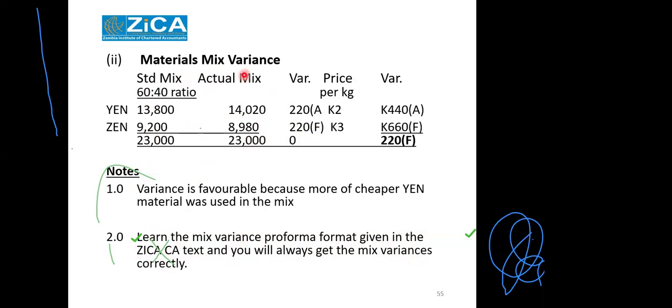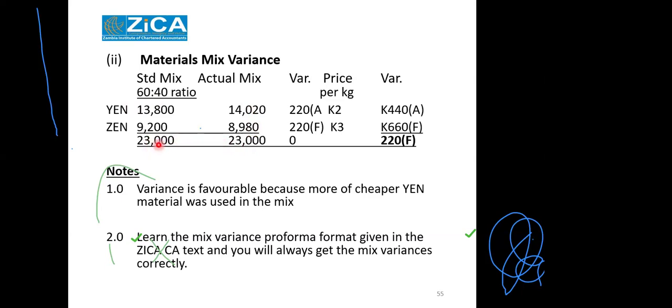So start with the actual column mix. Get the actual kgs used for Yen, and actual kgs used for Zen. The total was 23,000. Then you analyze it in the proportion, which was 60 to 40.